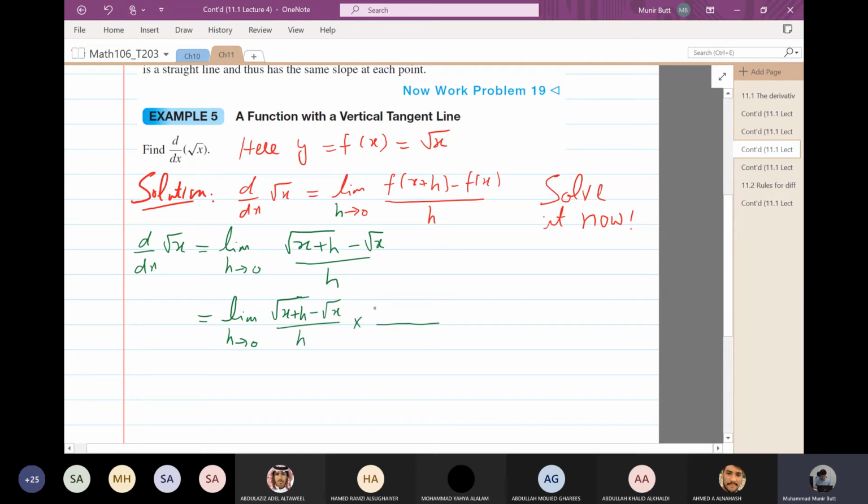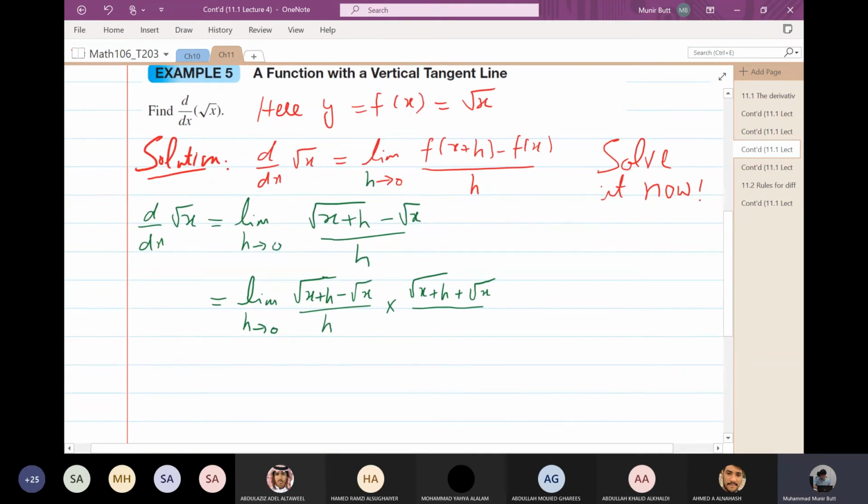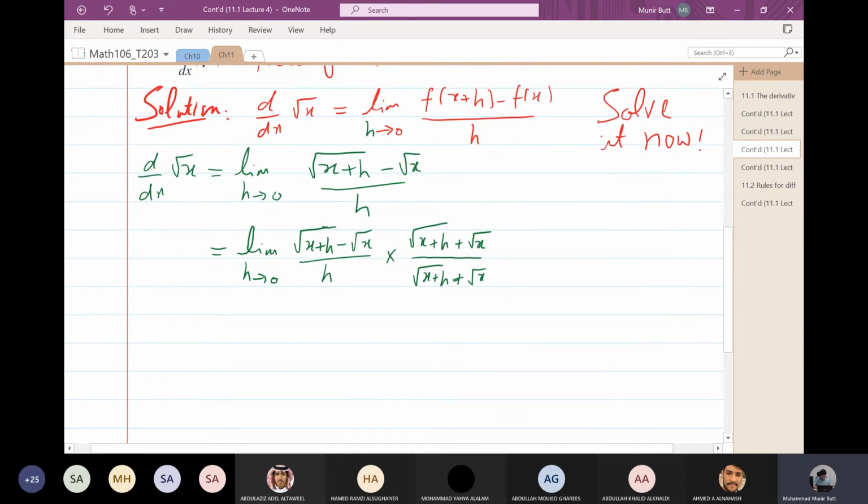You remember when we have this kind of problem, what we do? We multiply and divide by such things. And this was the only point that is different.